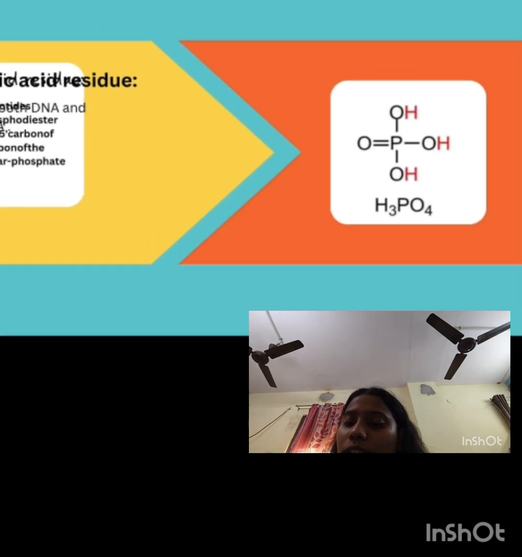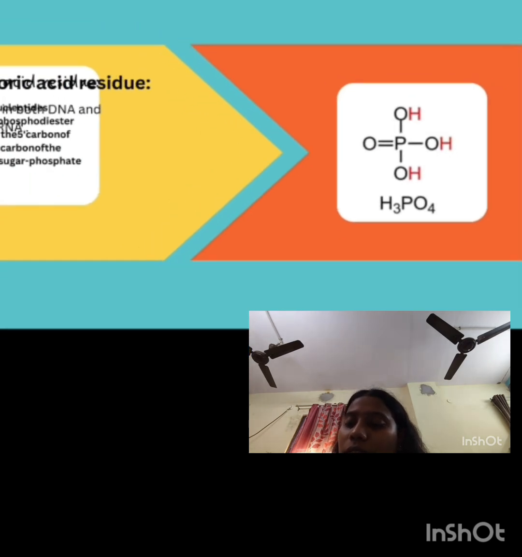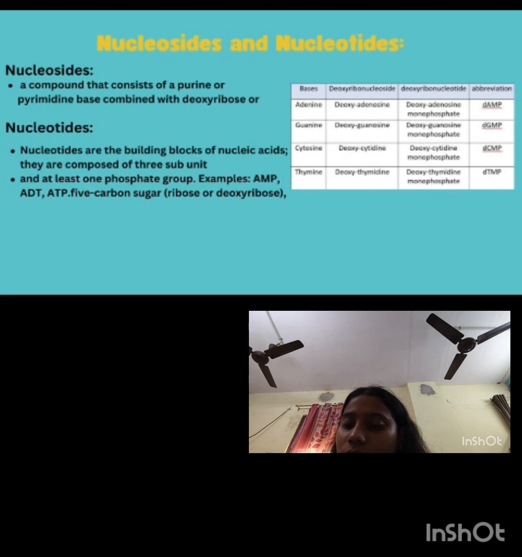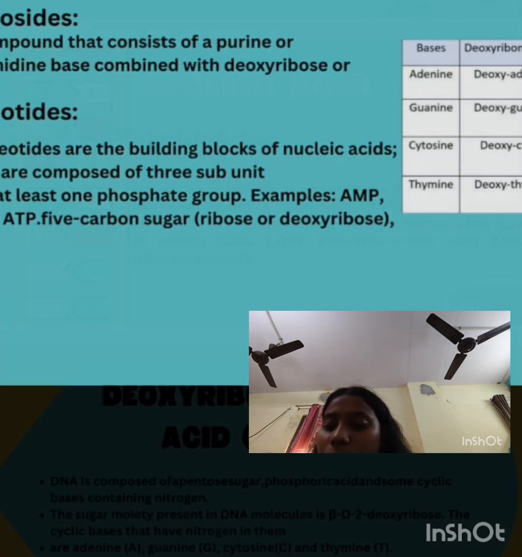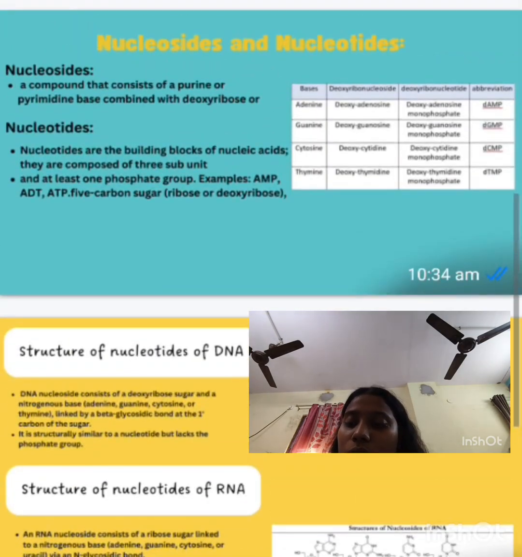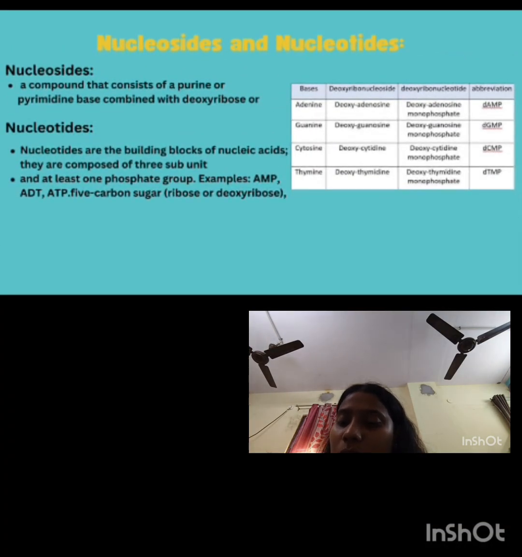Now I'm going to the nucleoside and nucleotide slide. What is nucleotide? Nucleotide is a compound that consists of purine or pyrimidine bases combined with ribose or deoxyribose. Nucleotide is the building block of nucleic acid. They are composed of three subunits, and at least one phosphate group.